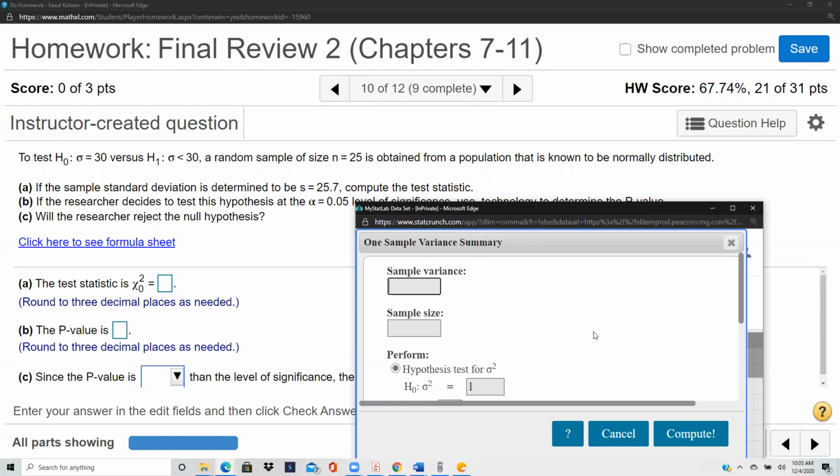Do you square it? Okay, 25.7 squared. And size is 25.